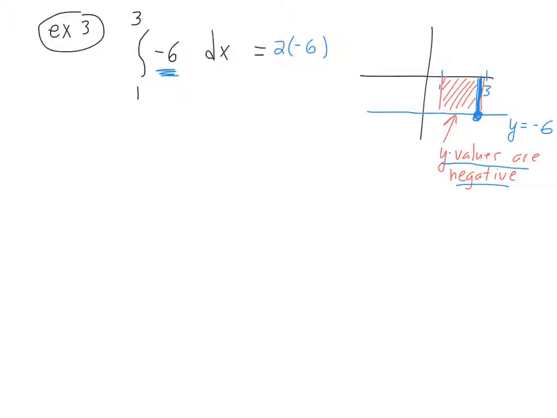So we say that the definite integral would be -12. Think of it as that area is below the x-axis, so we say the definite integral would be -12.